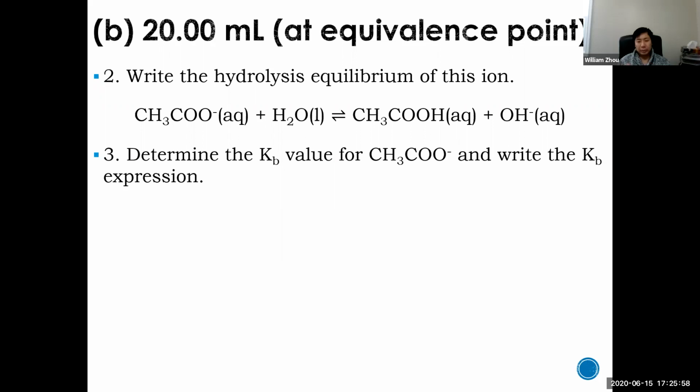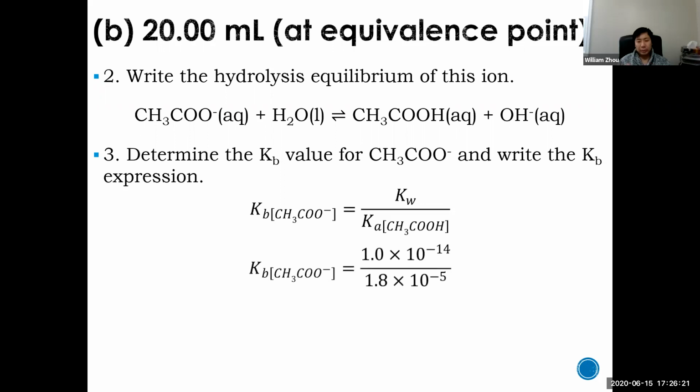So we need a Kb value. We don't have the Kb value because we don't have a table with a list of Kbs. We do have a table with a list of Ka, so you can use the Ka of the conjugate acid. Remember how we do this? It's Kw divided by the Ka of the acetic acid. You would get the Kb of acetate, the conjugate base.